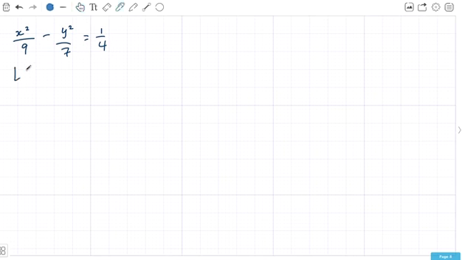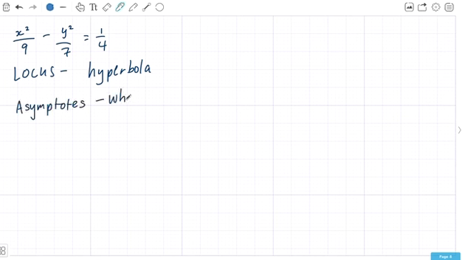And in terms of what this locus is, you want to give a little bit of information about it. So remember that you've got the asymptotes for this. So asymptotes are when x squared on 9 minus y squared on 7 is equal to each other.